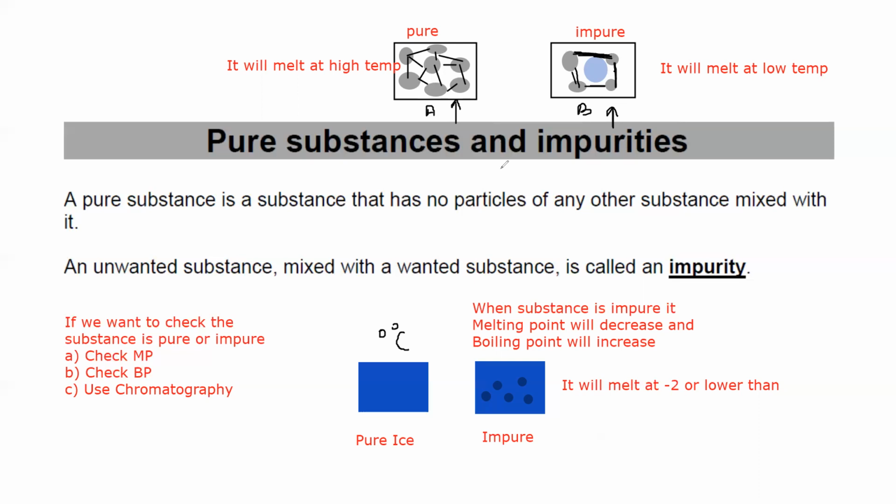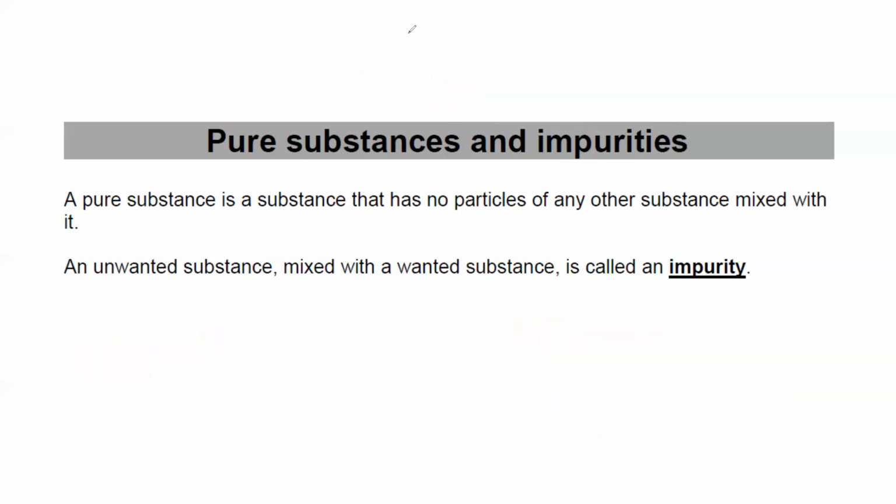So whenever a substance is impure, the melting point will decrease. But what happens to the boiling point? When a substance is impure, the boiling point increases.